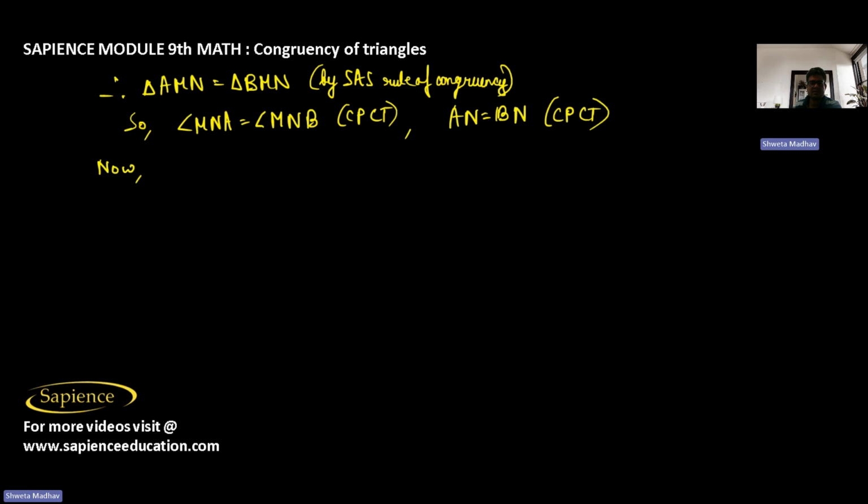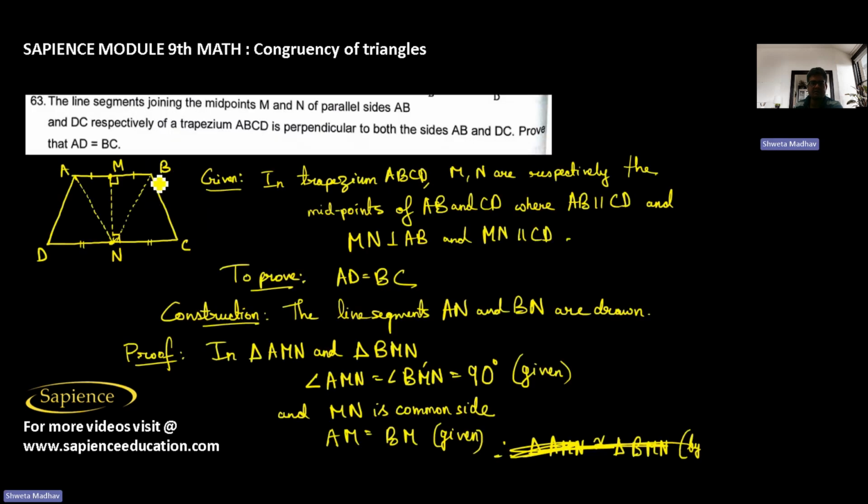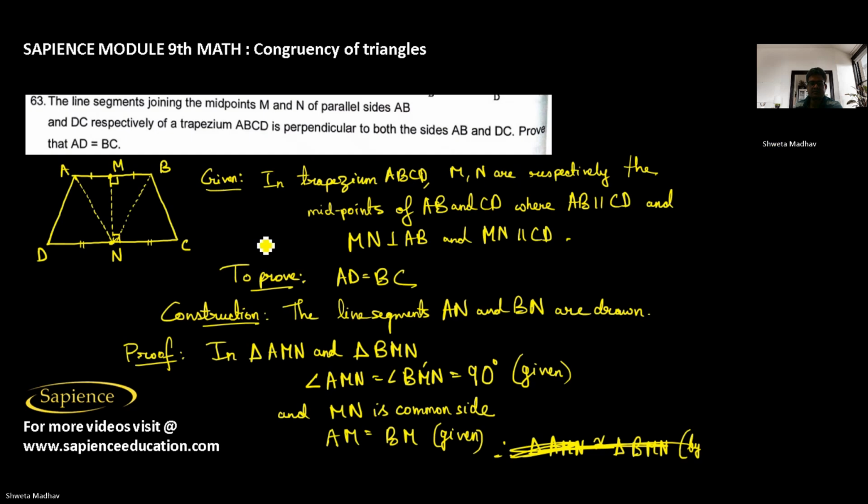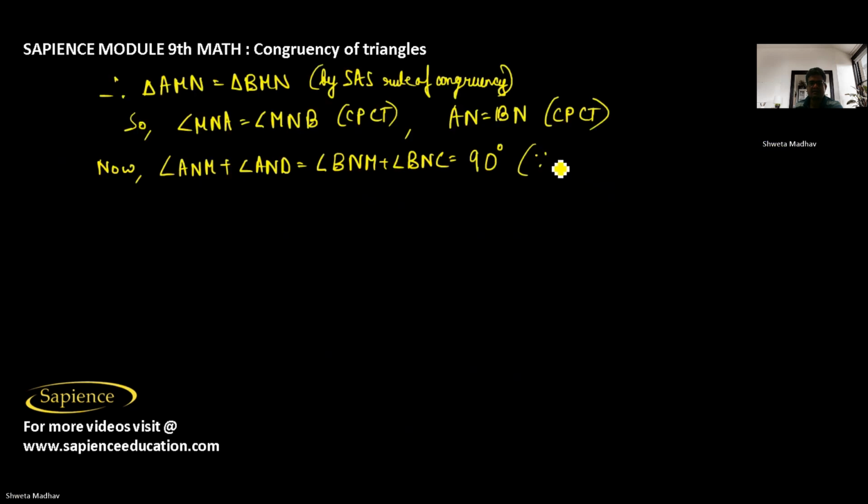So now you can say that angle ANM plus angle AND, that is, angle BNM plus angle BNC, is equal to 90 degrees, since angle MND is equal to angle MNC, which is equal to 90 degrees, since MN is perpendicular to DC, which is given.